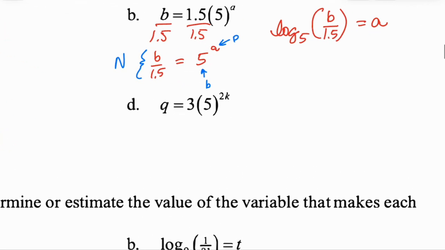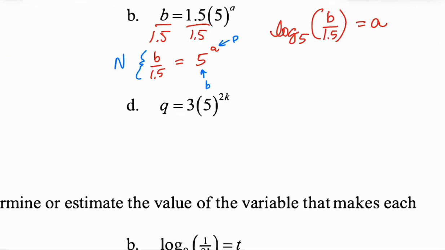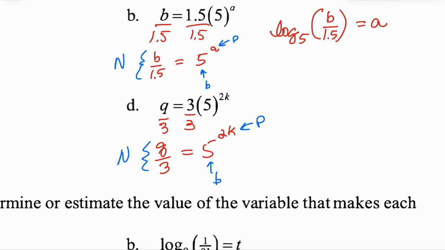D is very much like B. You first have to divide both sides by 3. You have to get that exponential portion by itself. So we get Q over 3 equals 5 to the 2K power. Again, using our thinking from before, that's our number, that's our base, that's our power. Wherever the base was on one side, a logarithm goes on the other side.